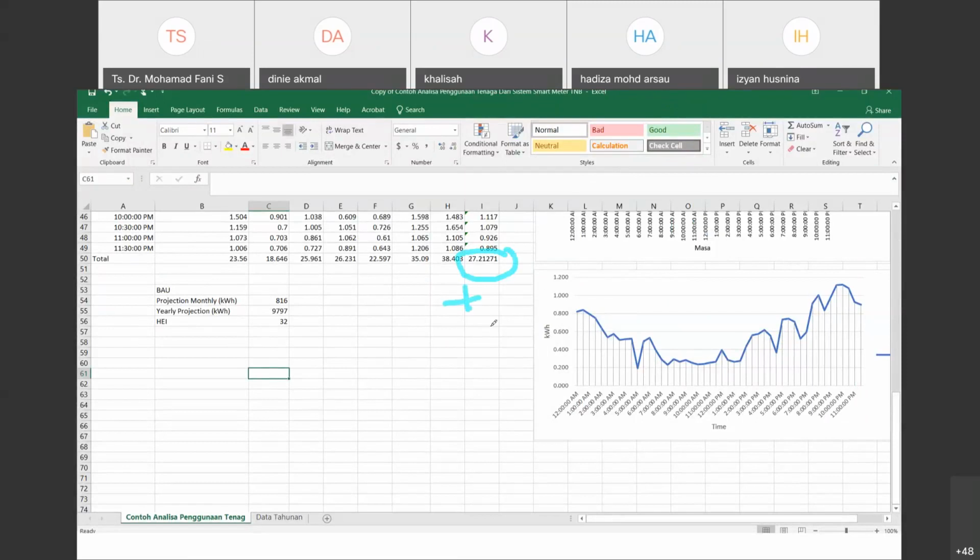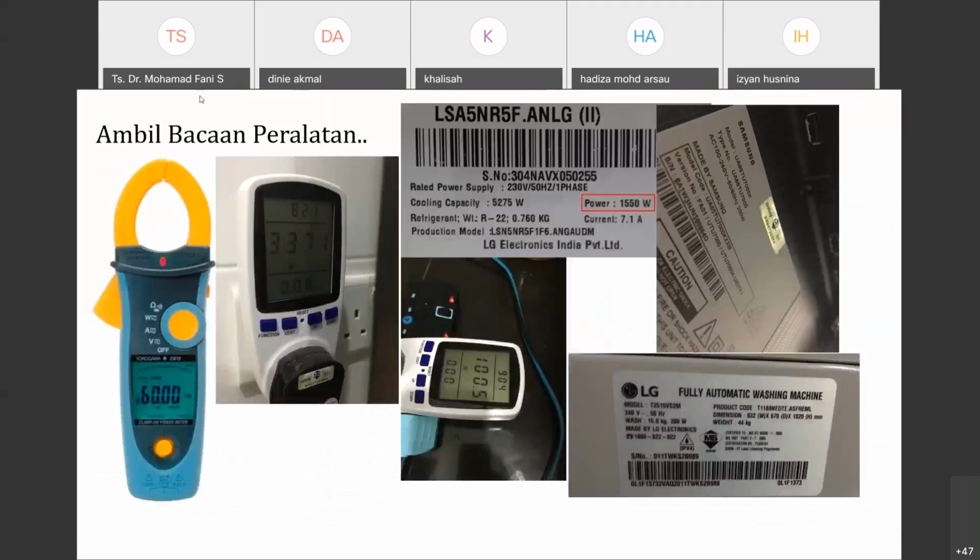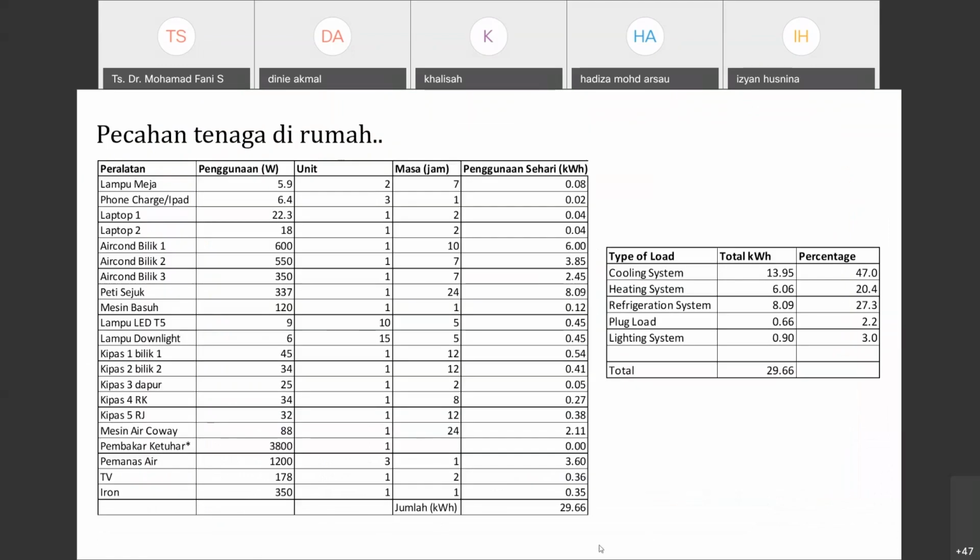Plus minus 5% is okay. 27.2 kilowatt hour for 1 day. And when we verify by measuring all these appliances inside the house, we get the value of 29.66. It's okay.